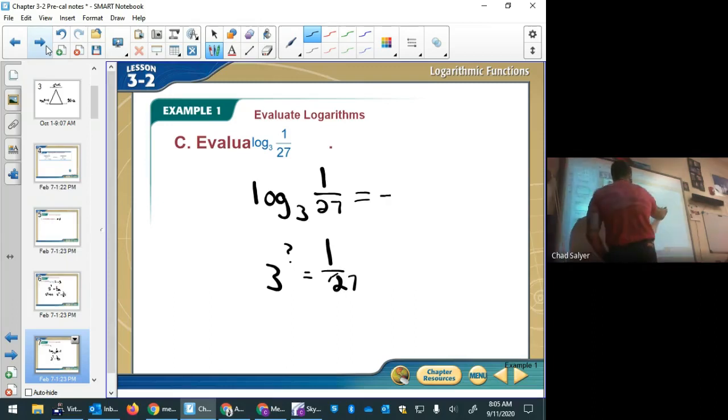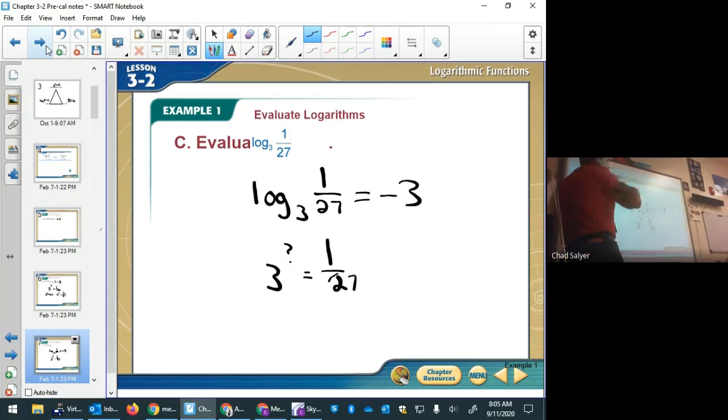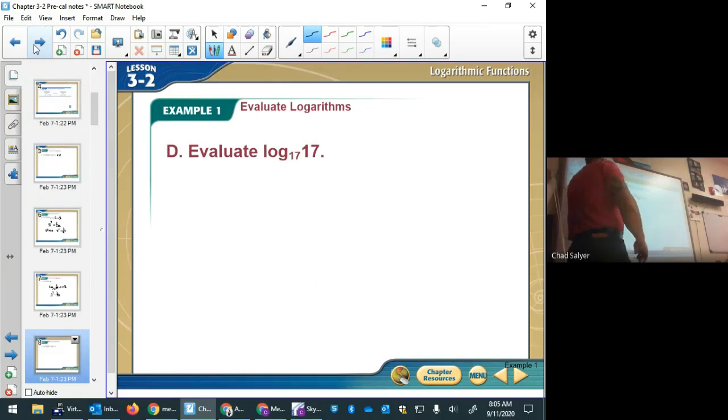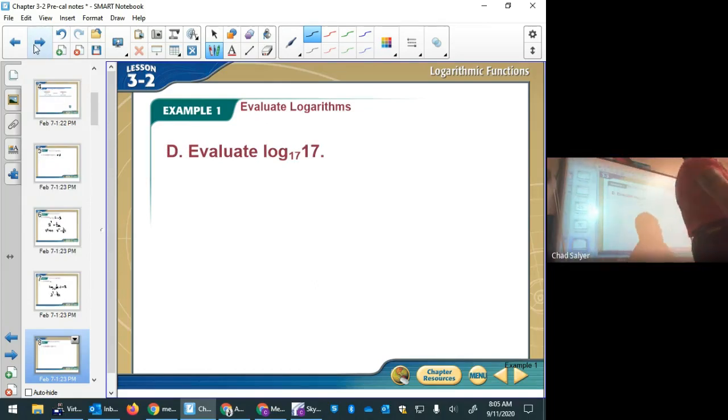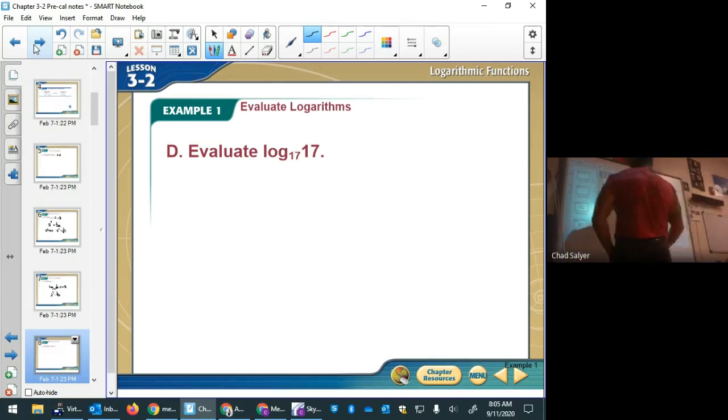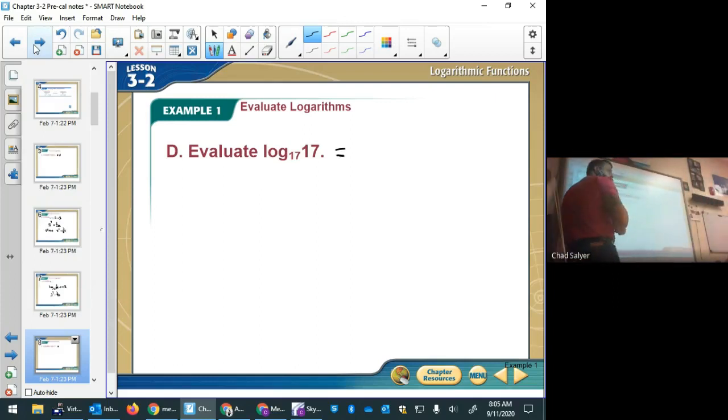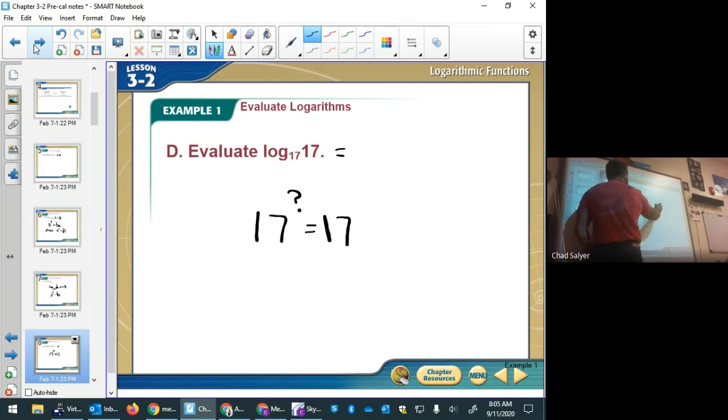Negative is correct. And what value? 3. Good, same as the last one. Which is kind of boring. Yeah, that's fine. It's kind of not great problem design. Not a lot of creativity getting thrown around here, but here's one that's going to make you think. So, Rachel, what power do I put on 17 to get 17? Very good. Just 1.